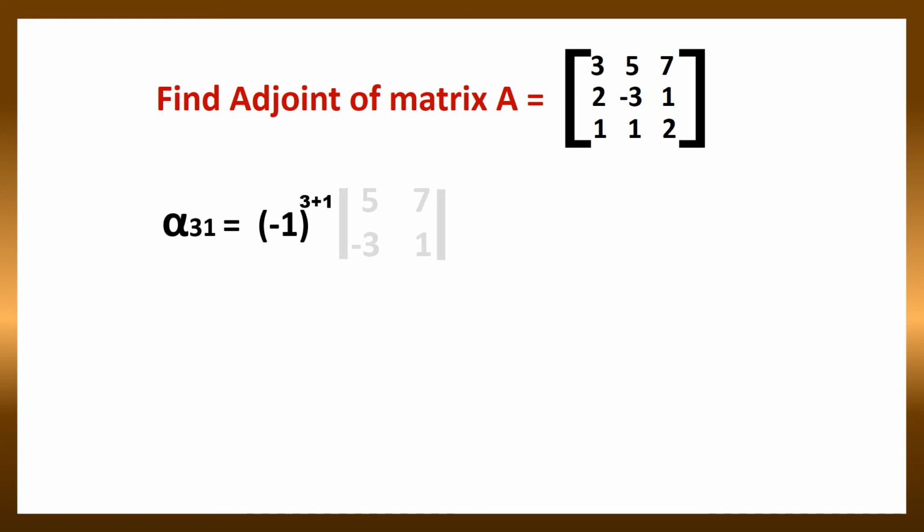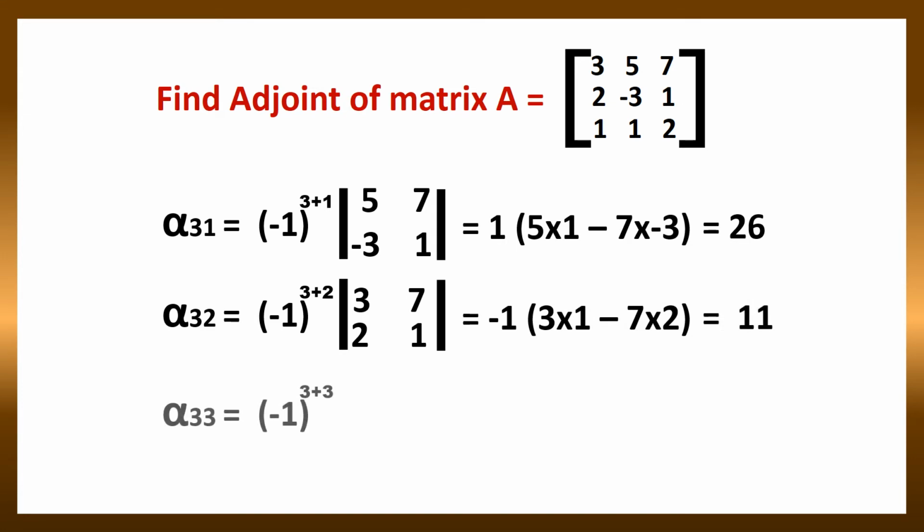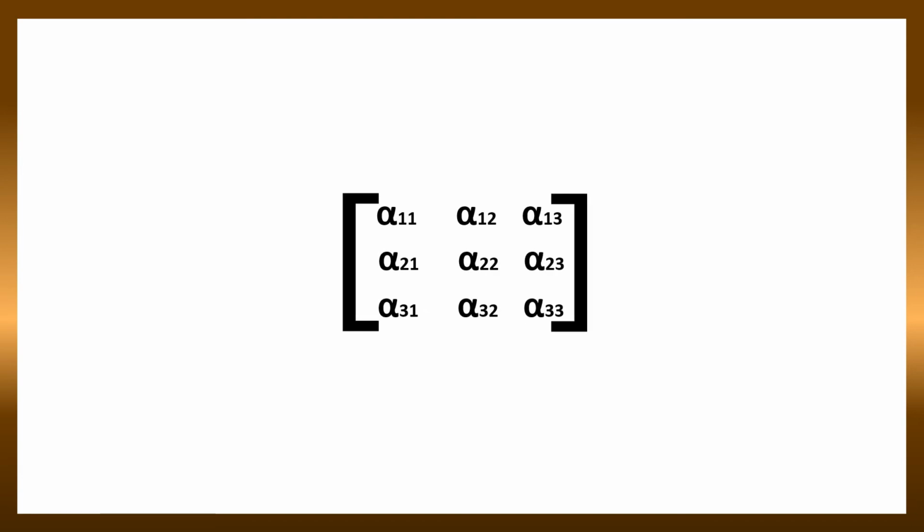Alpha 3 1 will be 26, alpha 3 2 will be 11, and alpha 3 3 is minus 19. So, we have obtained all the cofactor values. That is, we have found the cofactors of each and every element in the matrix.